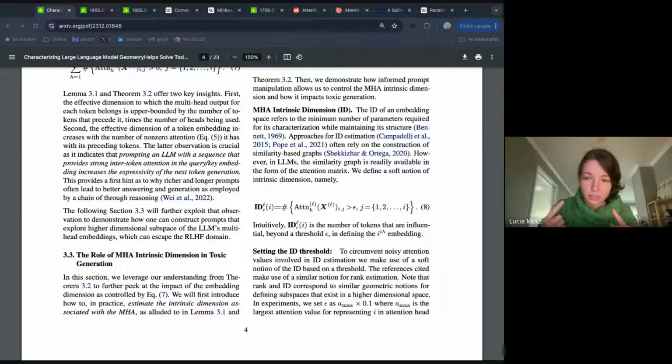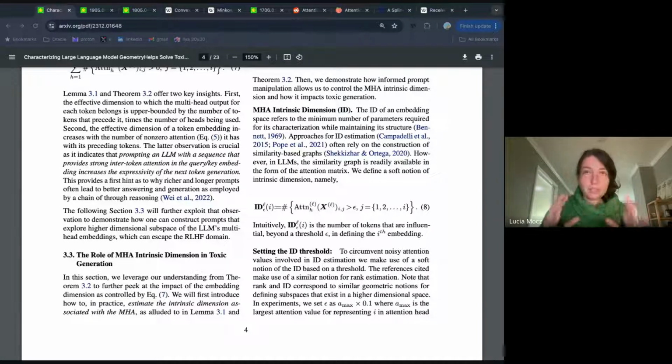This is the intuition we have for understanding attention. And so if you have more vectors inside your sequence which have very high attention with the ith vector, the hypothesis is that this is going to lead to more toxic generation.